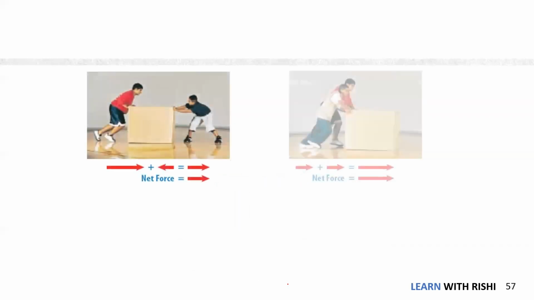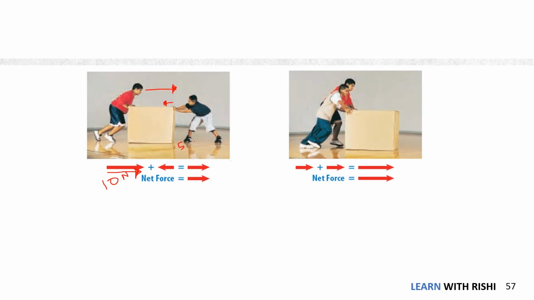When we talk about unbalanced force, here you can see the force applied by this man is much greater than the force applied by this child. So from this arrow, we come to know that if the arrow is bigger, a bigger force is applied. For example, this is 10 Newton force and this is 5 Newton force.